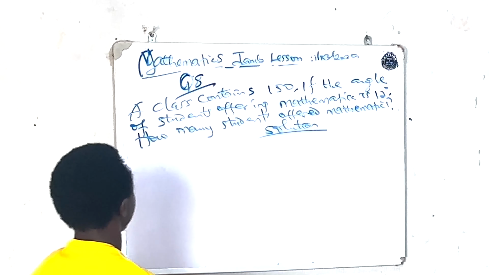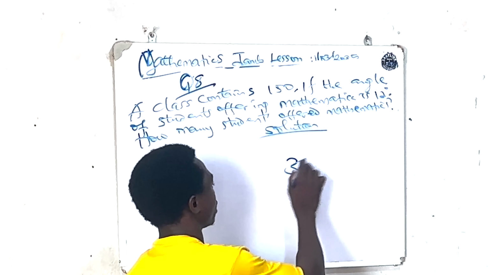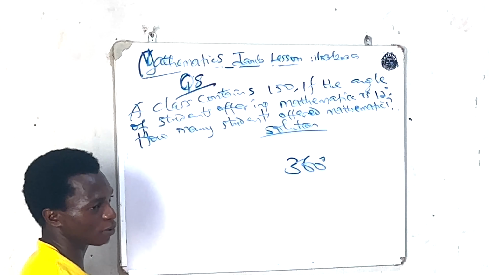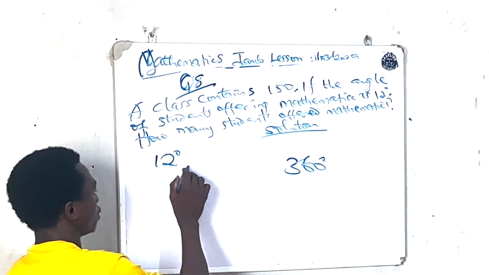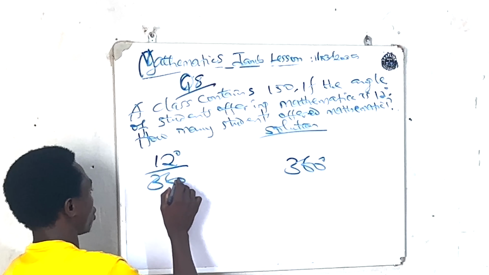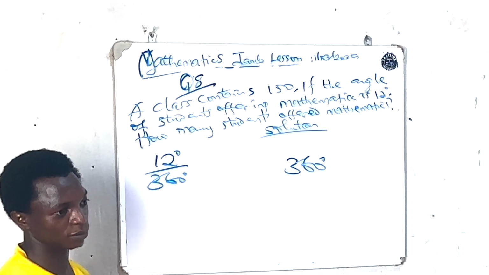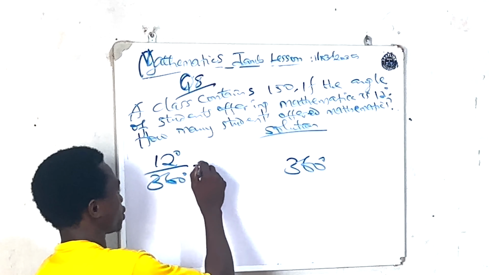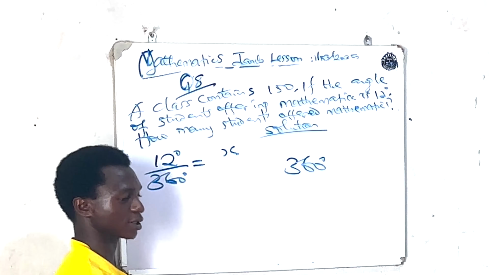Now, remember that a total pie chart sums to 360 degrees. So what is the angle of students offering mathematics? 12 degrees over 360 degrees, that's the total of a pie chart. And this is equal to the number of students offering maths.